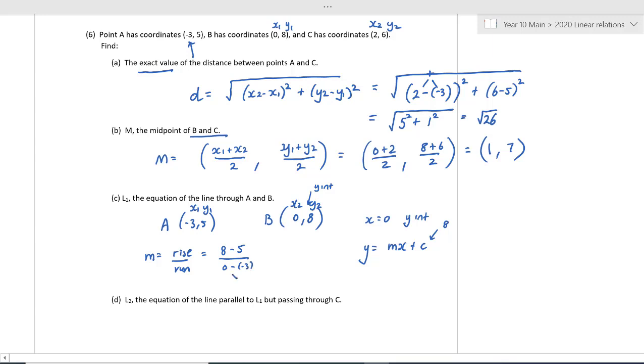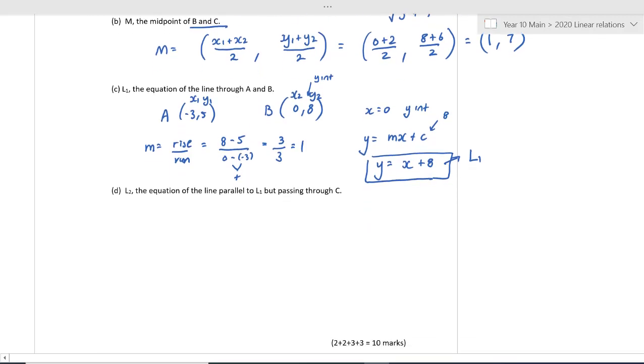Be careful, what is a negative times a negative? It's a positive. 8 take away 5 is 3, and then we're looking at positive 3, so that's going to be 1. And look at that, we now have our gradient. The gradient is 1, so it's 1x, or just x plus 8, and that is our equation, which of course we're calling L1.